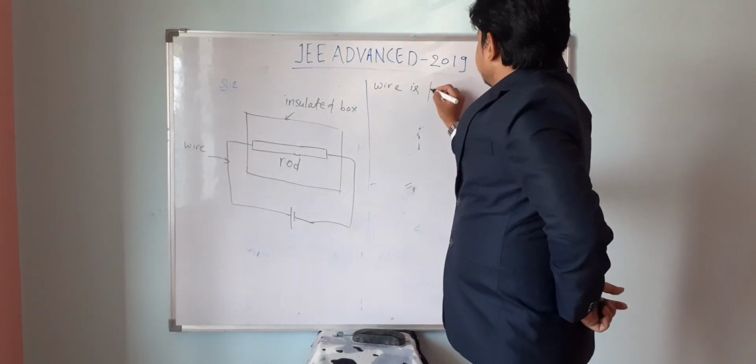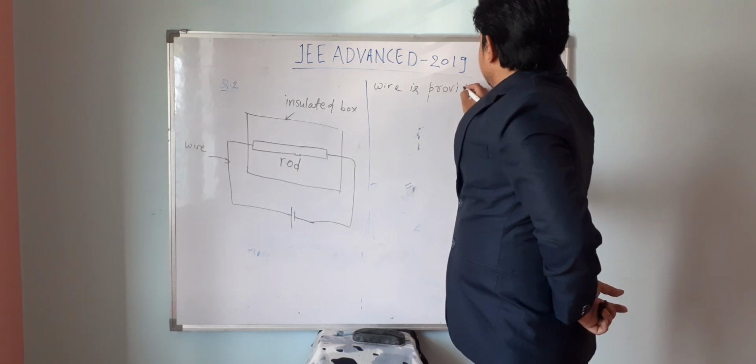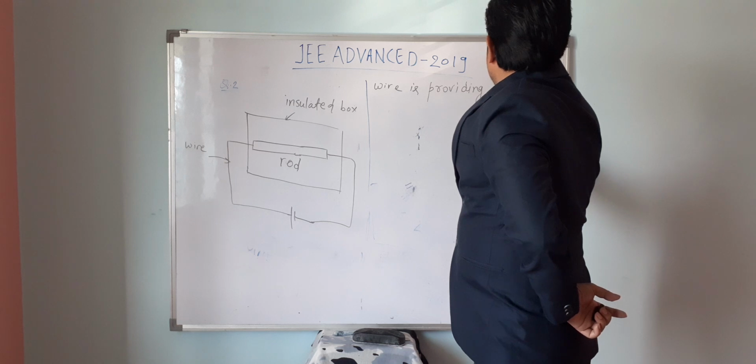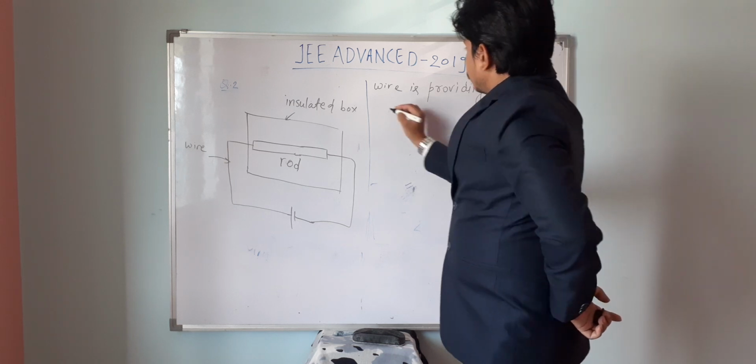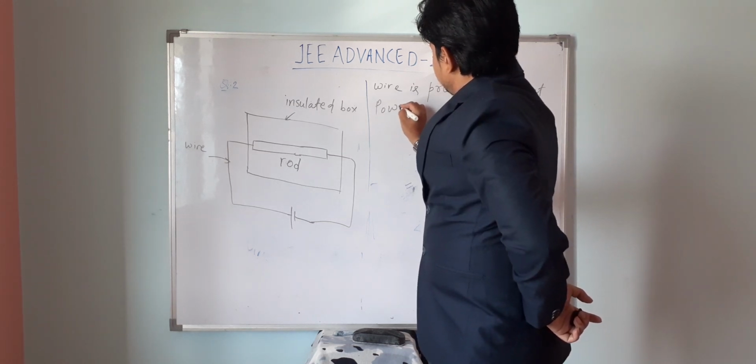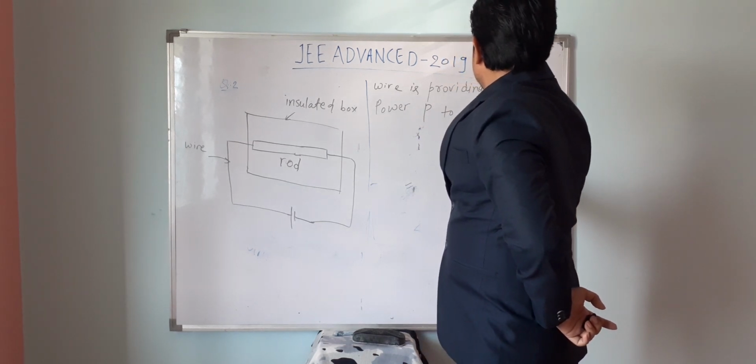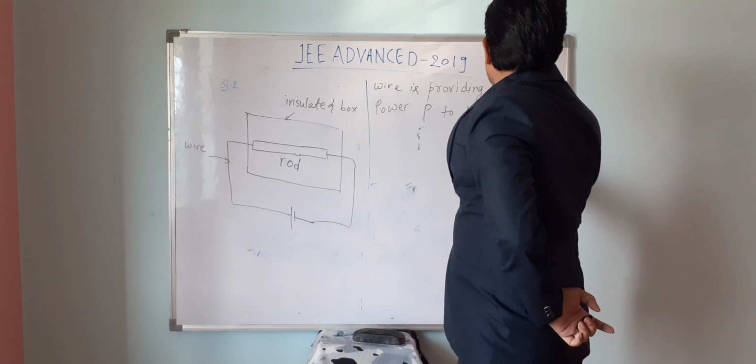The wire is providing a constant power P to the metal rod.